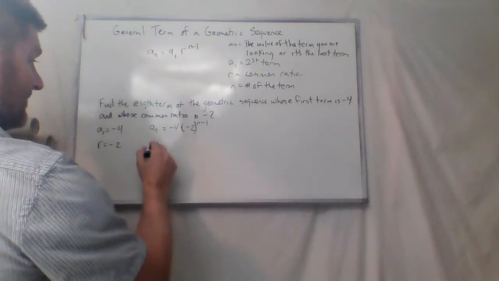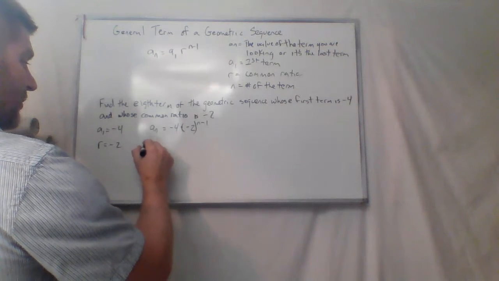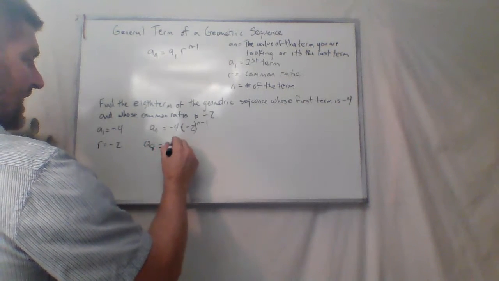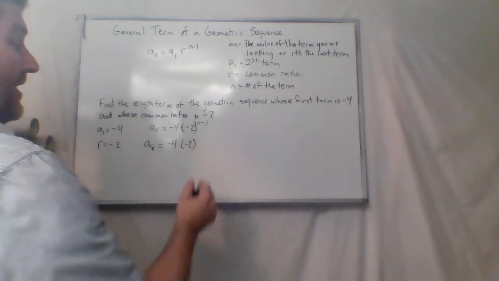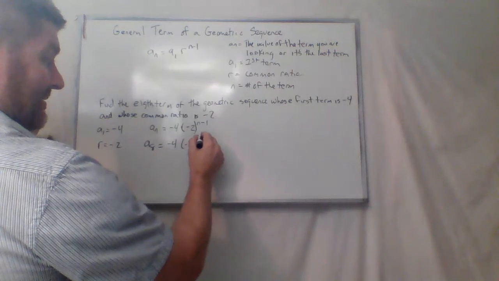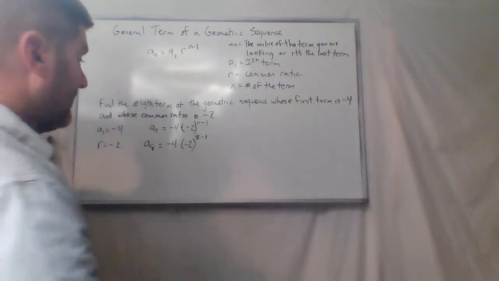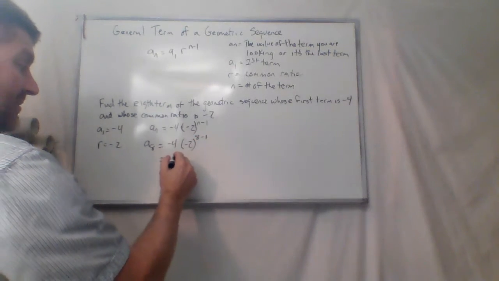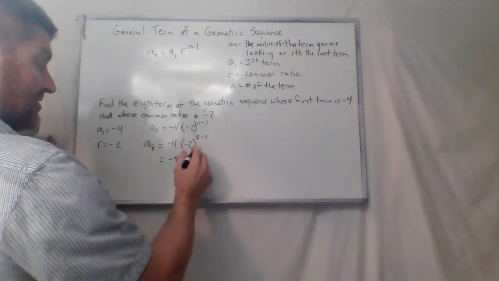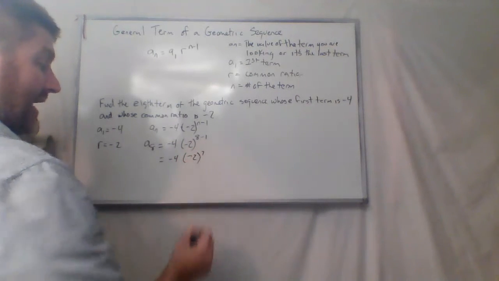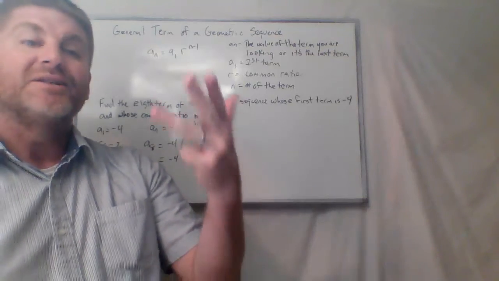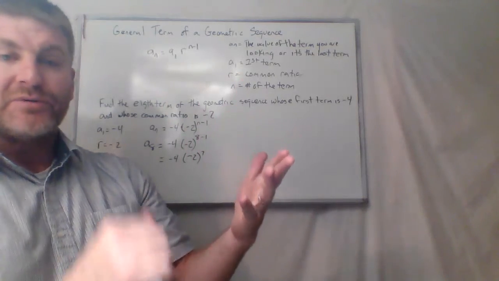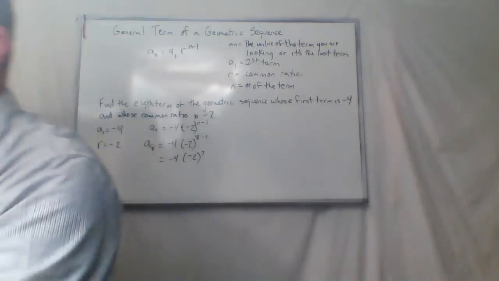Now, they want me to find the value of the eighth term. So what is A sub 8? Well, it's -4 times -2, and you're going to plug in 8 minus 1 there. 8 minus 1 is going to be 7, so it's -2 to the 7th power. Now, it's 2, 4, 8, 16, 32, 64, and 128.